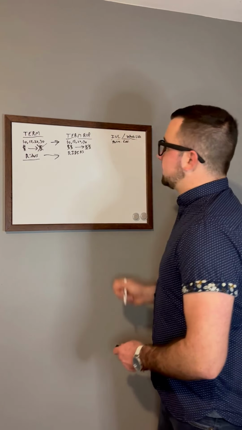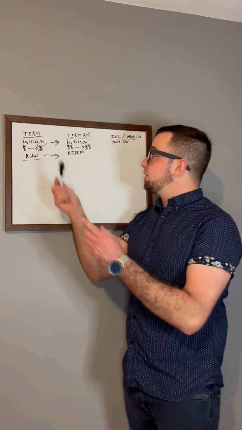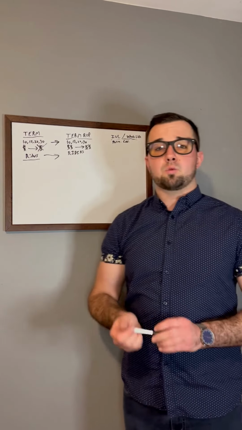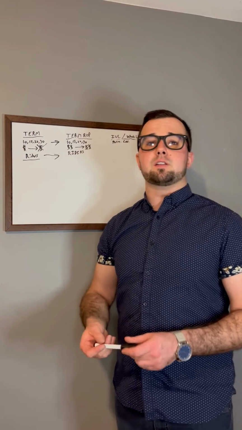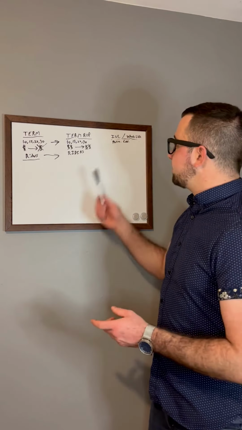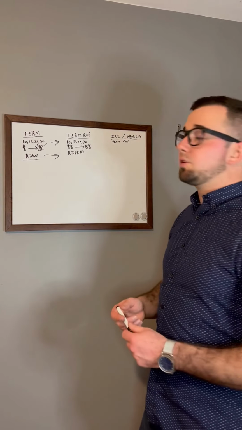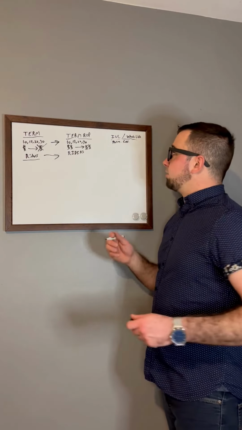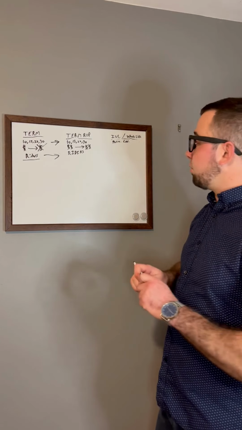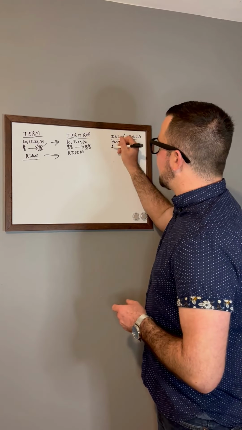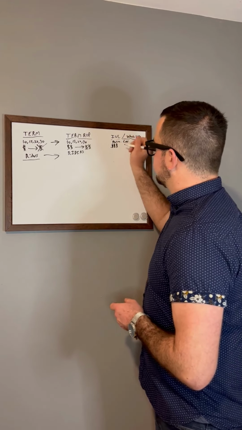Permanent coverage. So unlike these term products over here, you don't have to worry at the end of 10, 15, 20, or 30 years whether you're going to be able to get coverage or not. As long as the policy is in force, you will be covered. These IULs or whole life policies generally have a higher premium.